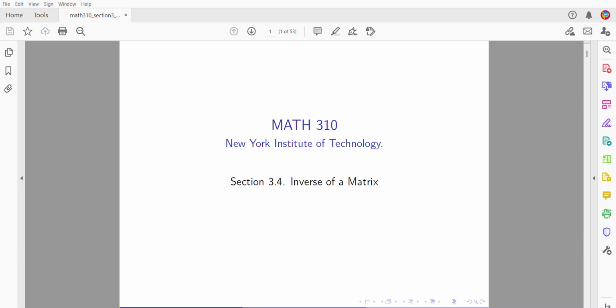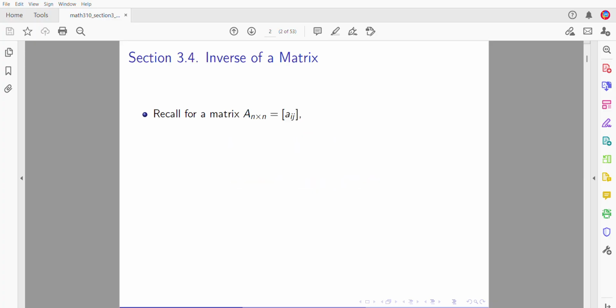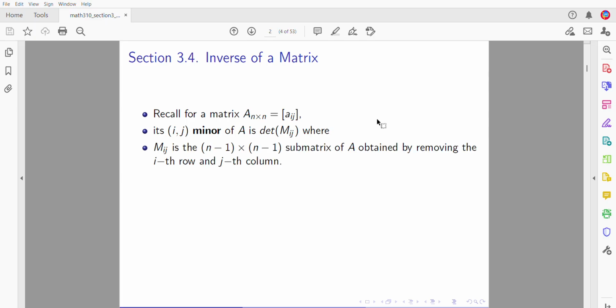Welcome back. Section 3.4 Inverse of a matrix. Recall for an n by n matrix A, its ijth minor of A is the determinant of Mij, where Mij is a smaller (n minus 1) by (n minus 1) submatrix of A obtained by removing the ith row and the jth column.